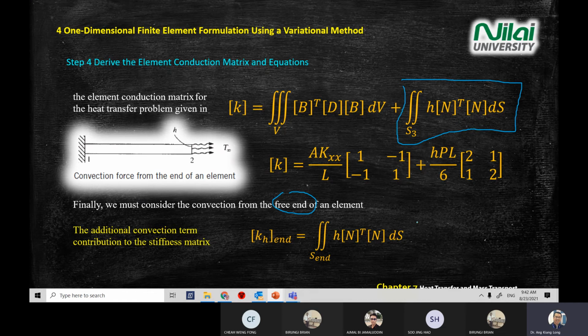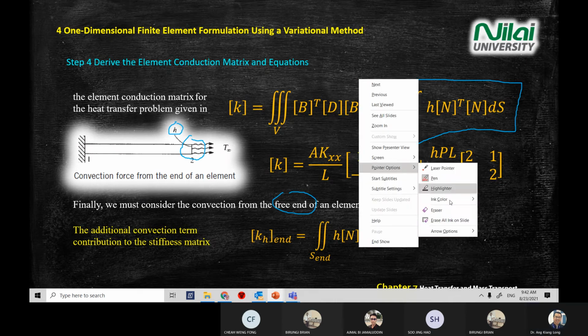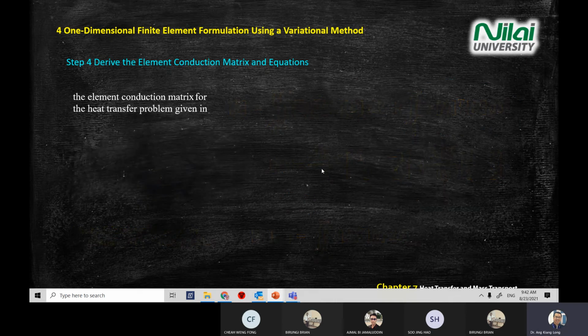This is just an elaboration of why there is this term here. This term is there because you have node 2 here exposed to atmosphere and convection is happening. So when we calculate our matrix, we include the H factor inside. So you have two components there.